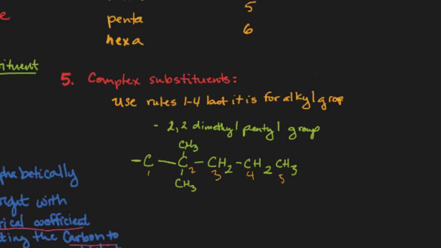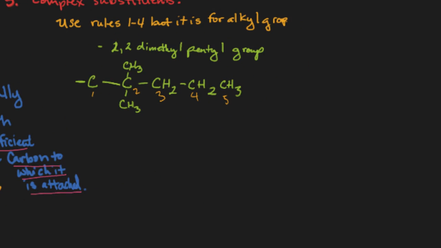All right, and I forgot to address the halogens, so I might as well. So the halogens, let's say we have bromine, you drop the ending and make it bromo.